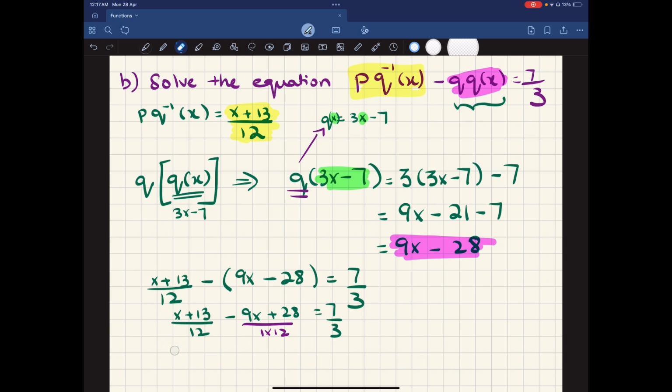So we're going to have x plus 13 minus, 12 into 9, we're going to multiply this with 12, right? Okay, so let's multiply. It's going to become 108x plus 336.